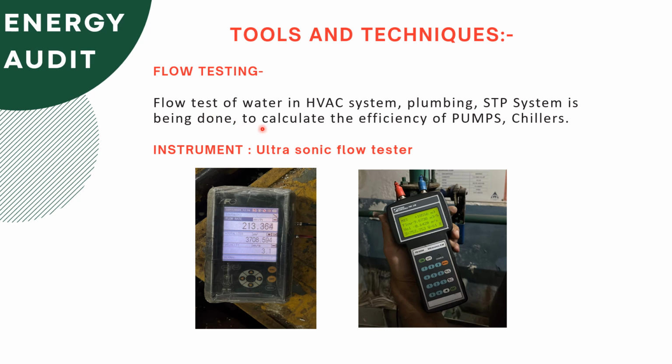Flow testing is a must. Also in plumbing and STP systems, flow testing is done. The tool we use is known as an ultrasonic flow tester, and here you can see flow testers from two different companies. So friends, this is flow testing.